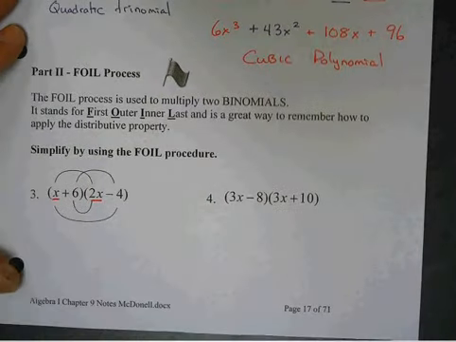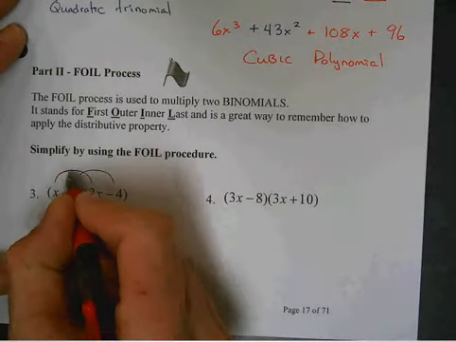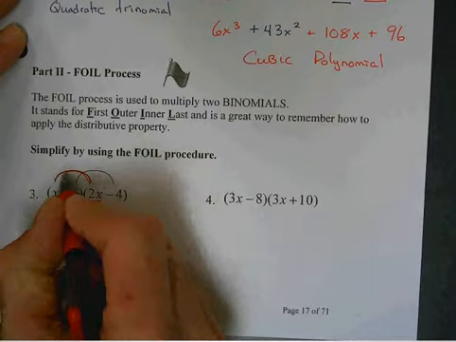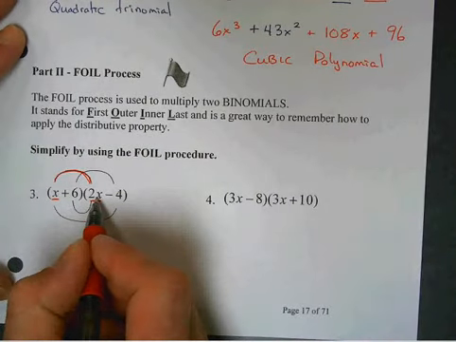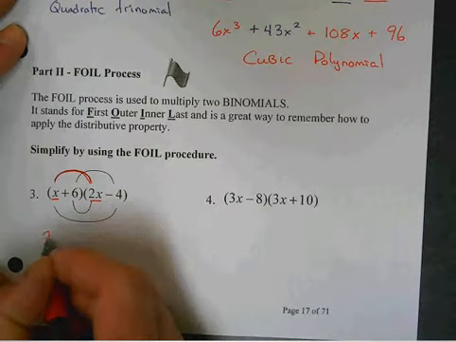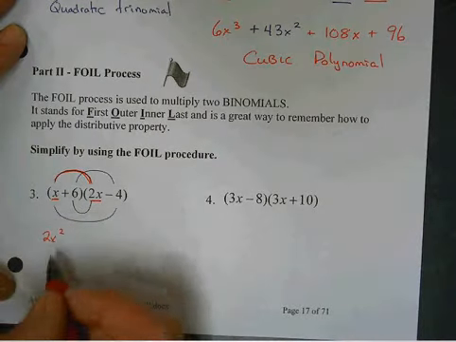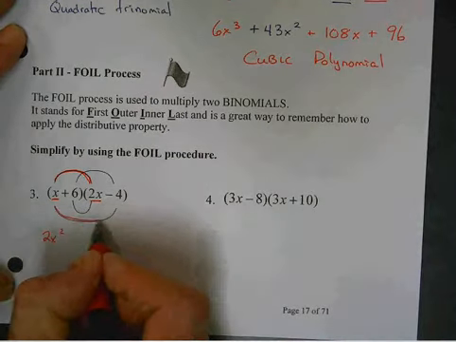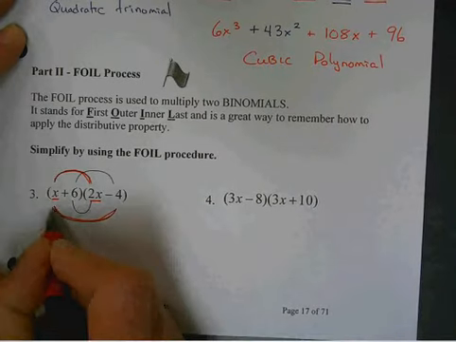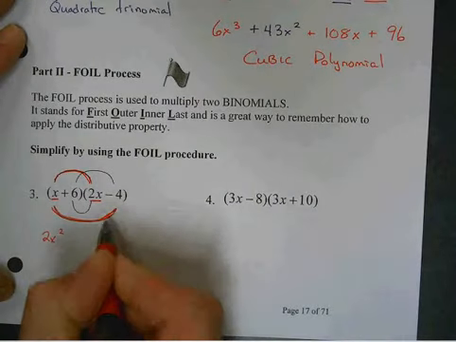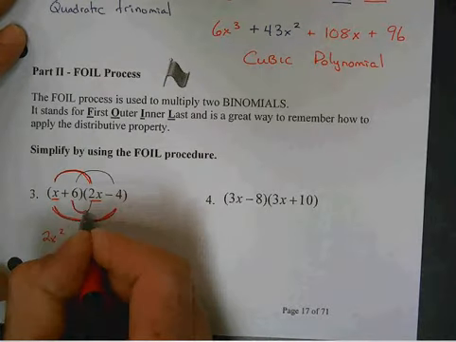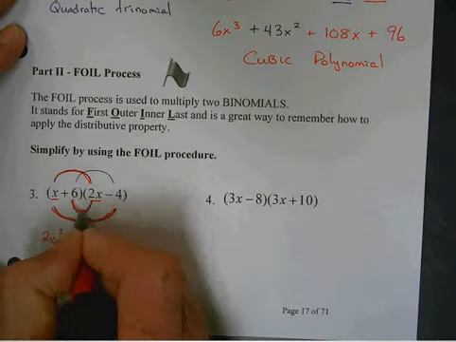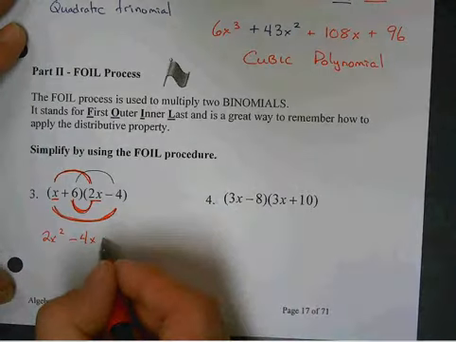So here we go. I'm going to trace over them as we draw them. First, trace over that line and help me out. What is x times 2x? 2x squared. So there's first. Outer, trace over the outer one. What's x times -4? -4x. Now inner, what's 6 times 2x?